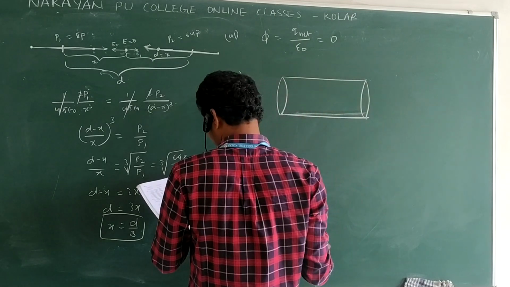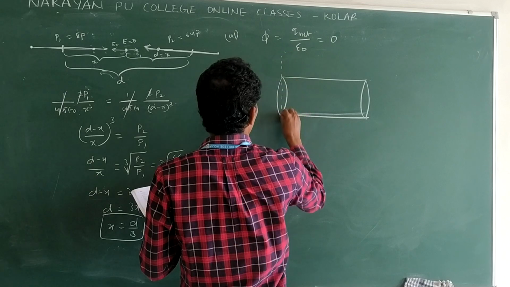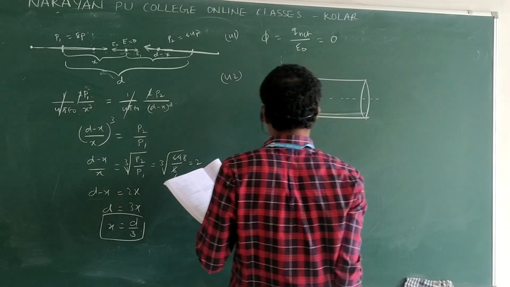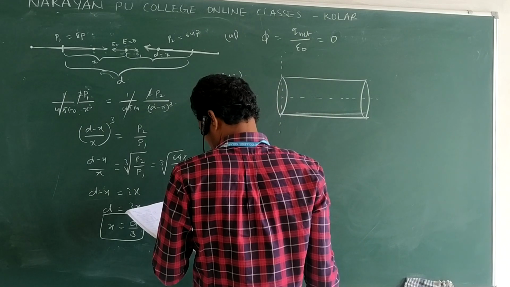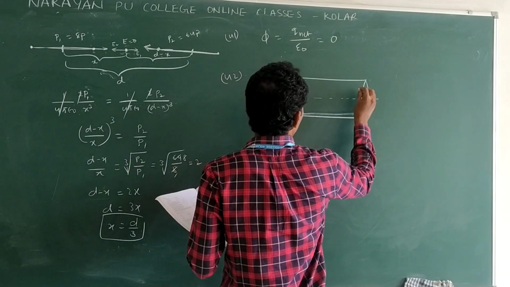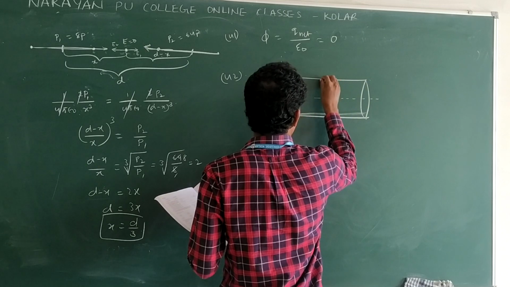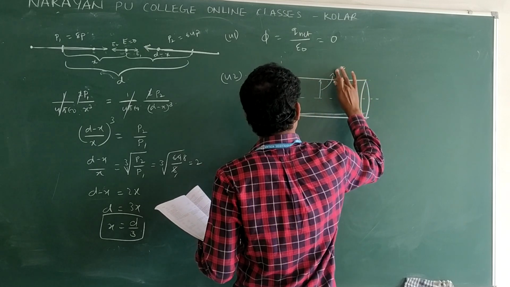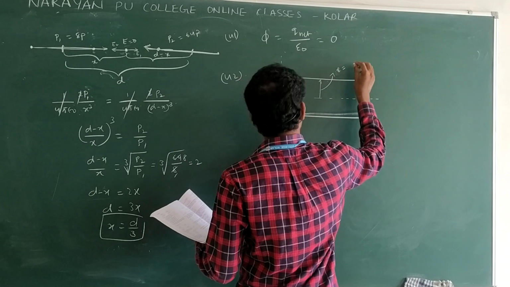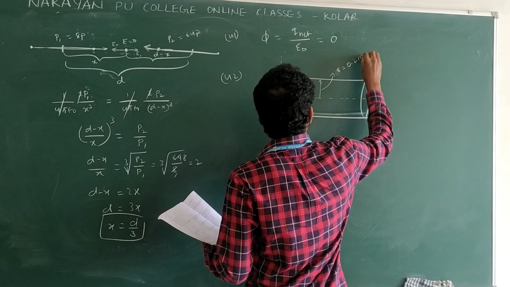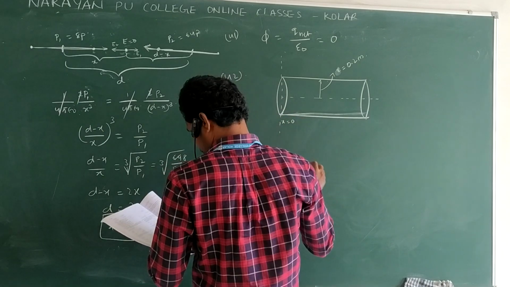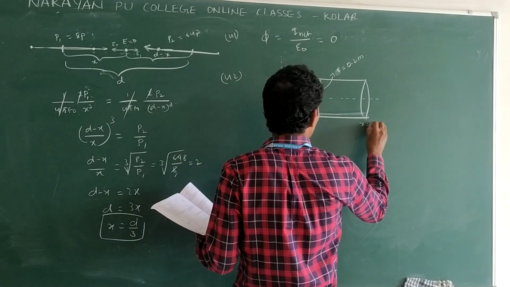One cylinder is given, this is the y-axis and this is the x-axis. The radius of this cylinder is given, r is equal to 0.2 meter, and here x is equal to 0, x is equal to 4.